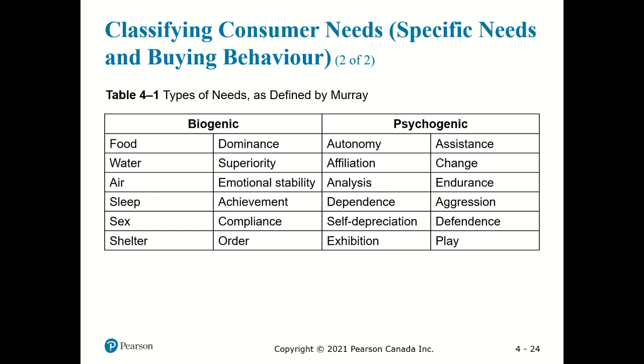And the psychogenic is autonomy and affiliation, analysis, dependence, self-deprecation, then exhibition, assistance, change, endurance, aggression, defense, dependence, and play. Right. So all these are psychogenic needs.